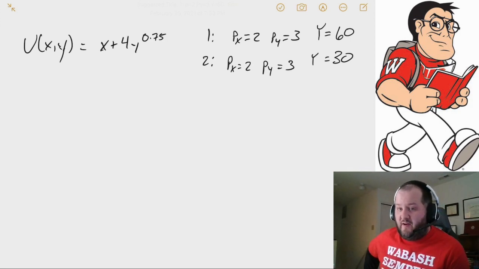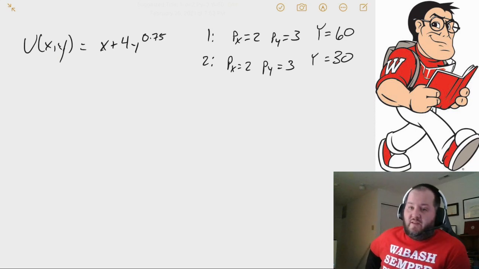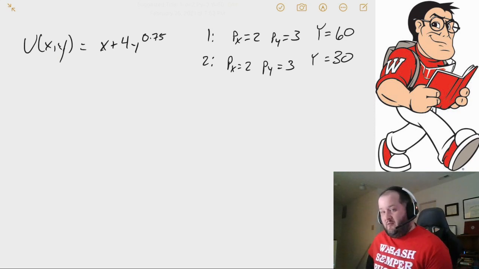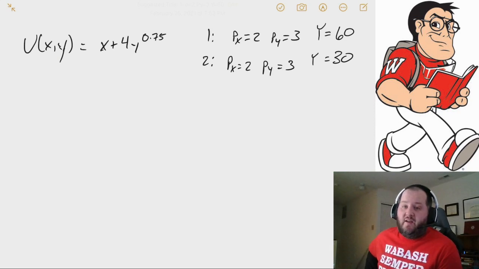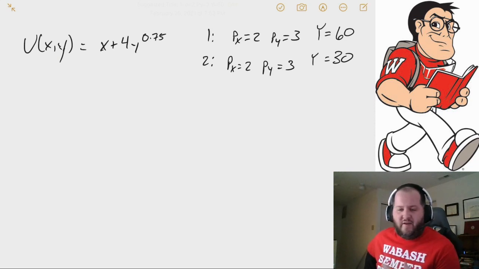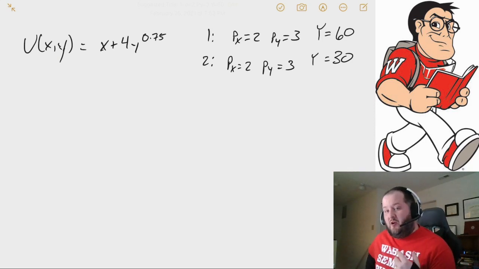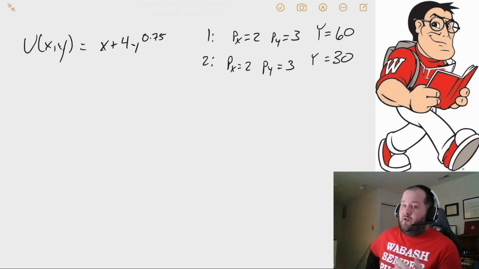Also, you should be thinking that the y in this quasi-linear utility function is our nonlinear term, which means our consumer is going to want to consume some fixed amount of good y first, and then anything extra beyond that fixed amount, they're going to want to spend on good x. So we want to get good y first, then good x.